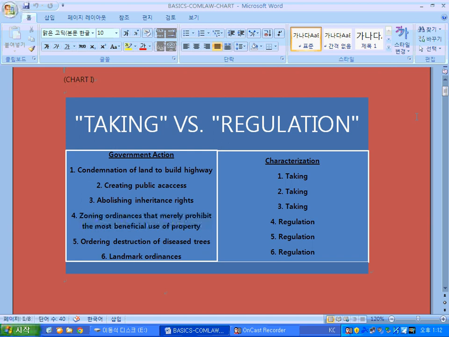Please take a brief tour through the printouts in front of you. Okay, it is perfect.